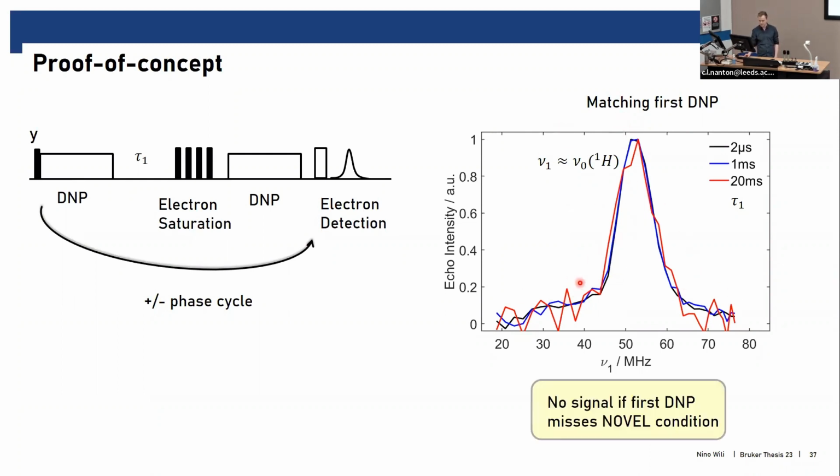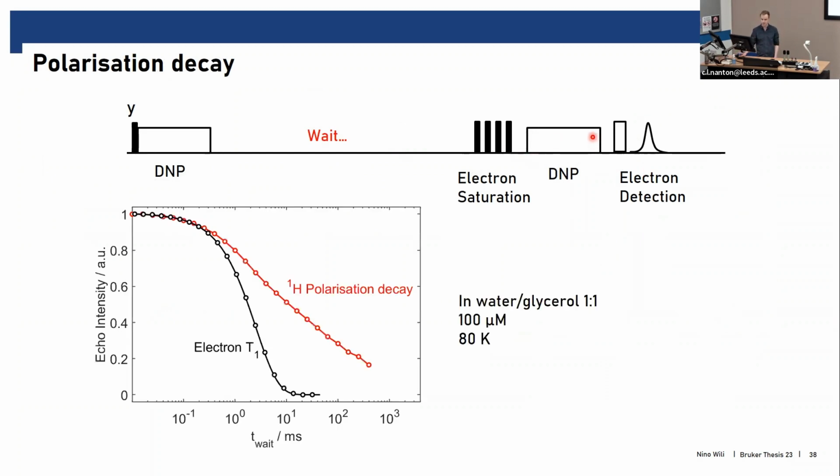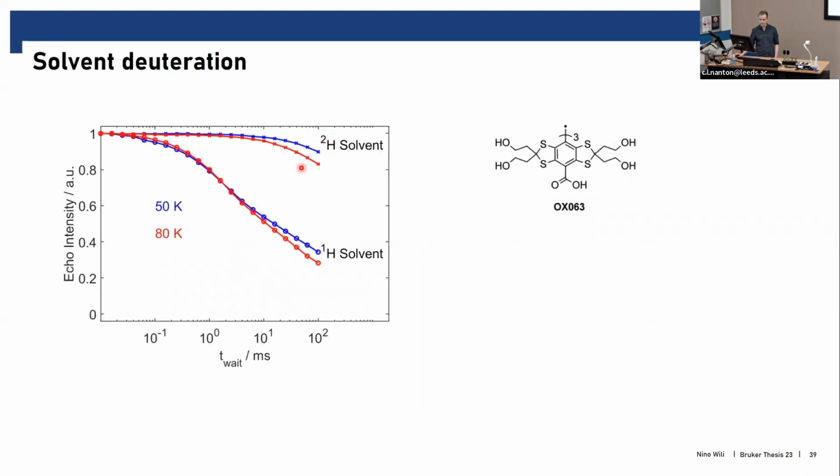The cool thing is that if you wait after the DNP and before you do the reverse transfer, you get polarization lasting longer than the electron T1, because you stored the polarization on the nuclei properly and not just in a hole in the EPR line. And if you deuterate the solvent, it's even crazier. Even after 100 milliseconds at 50 Kelvin with this nitrile, you still have like 90% polarization left.